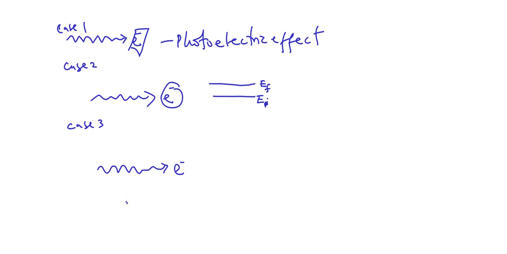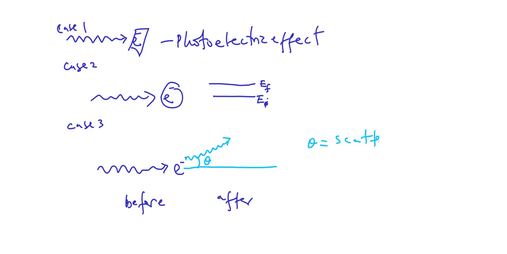After the interaction, we find this photon changing direction. This is the original direction, and the angle between the original direction and the final direction of the photon we call the scattering angle.